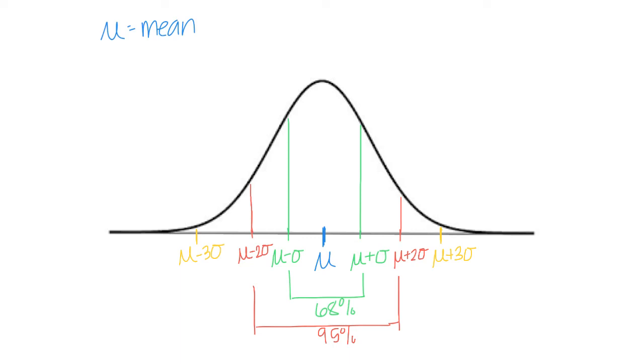That encompasses almost all of the data. There are some outliers beyond that, but the percent that's within 3 standard deviations from the mean is 99.7%.